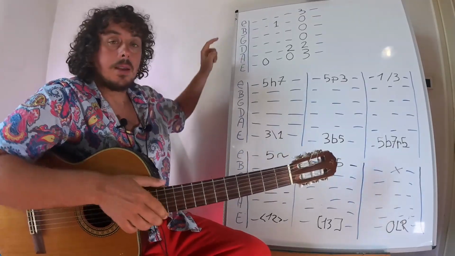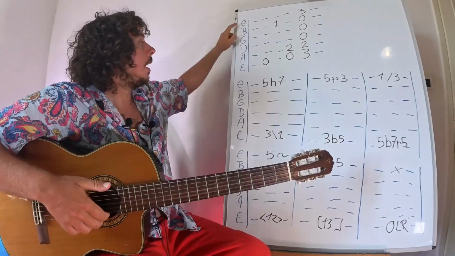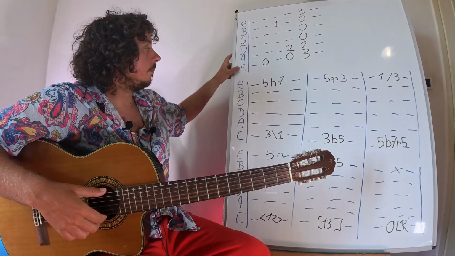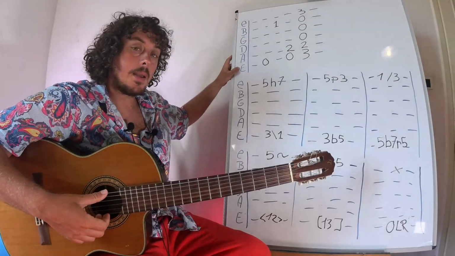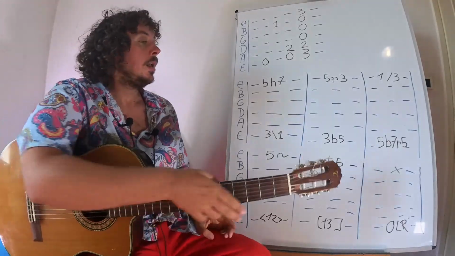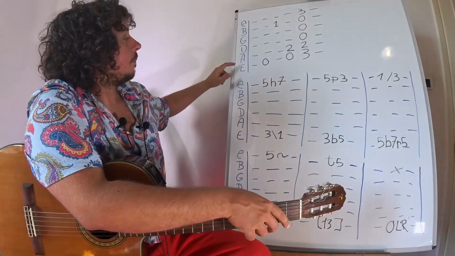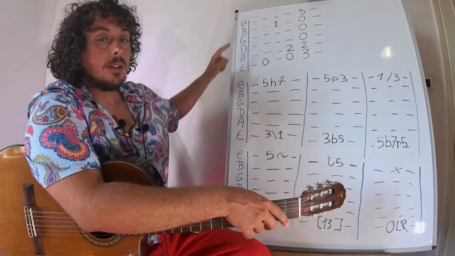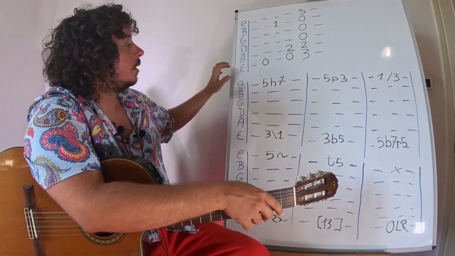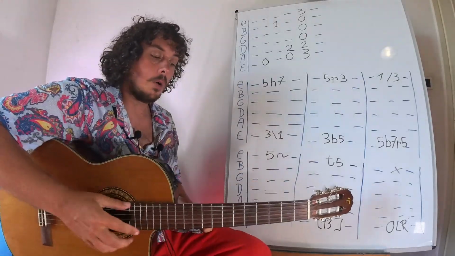The top one is the smallest here, and this one down here is the deepest one, okay? Let's start from the left. As you can see, there are some letters, which are the letters of the notes on the open strings.